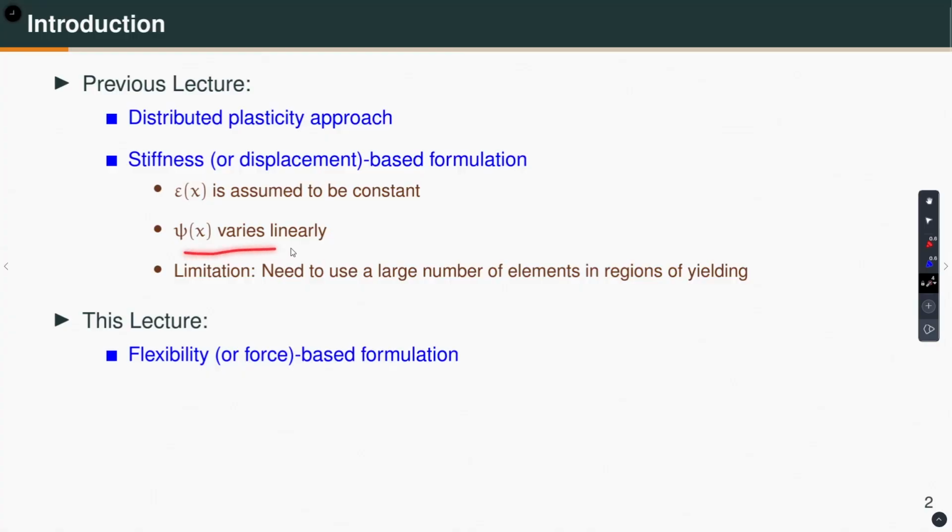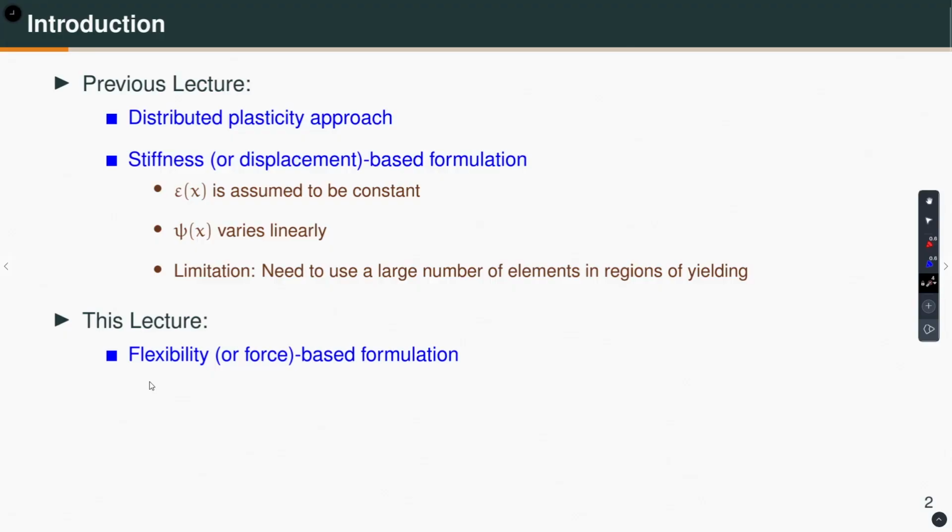We saw that the element formulation assumes that the strain is constant along the length of the element and the curvature varies linearly along the length of the element. These two are a kind of severe limitation when you are modeling structural systems or a beam with this displacement based element.